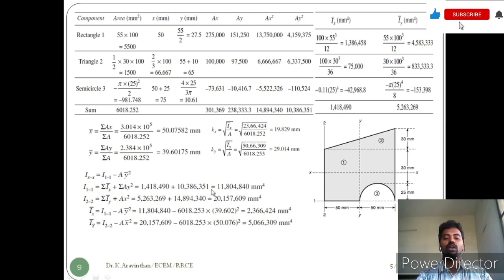For finding ky, you substitute Iy divided by the area, 6018.25. The values of kx and ky are found out. Note that if the moment of inertia is less, then kx will also be lesser than ky.